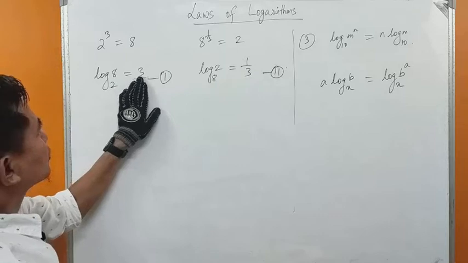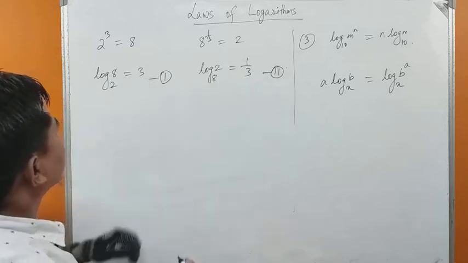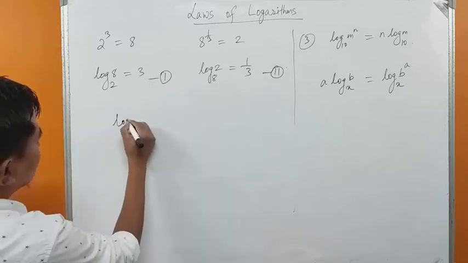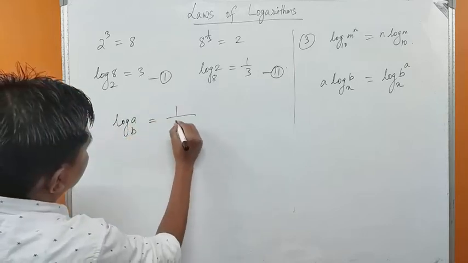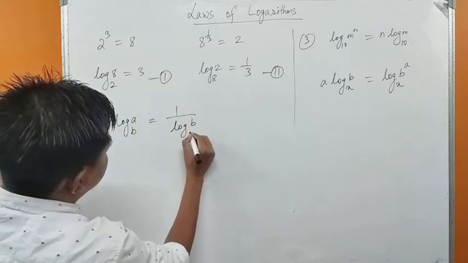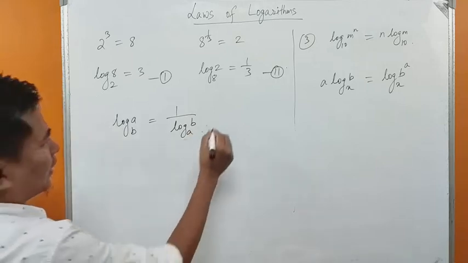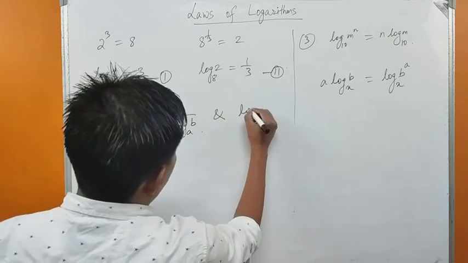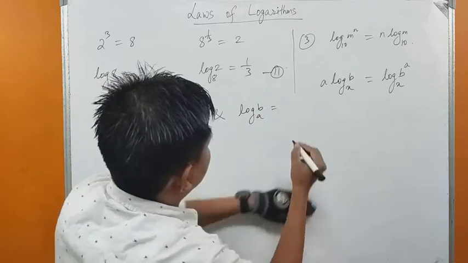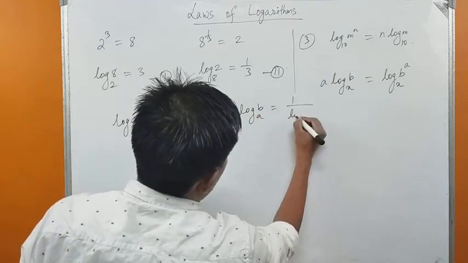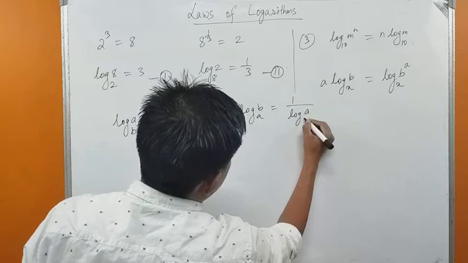So what do we understand by this is log a to the base b equals 1 upon log b to the base a. And the same thing, log b to the base a equals 1 upon log a to the base b.